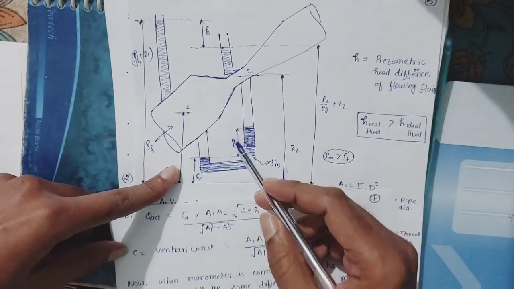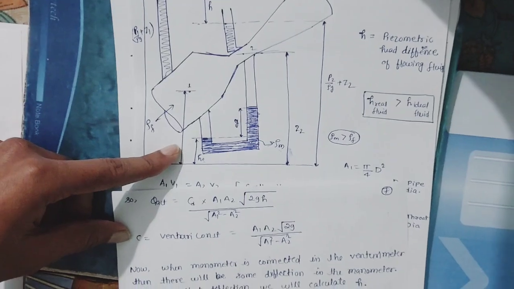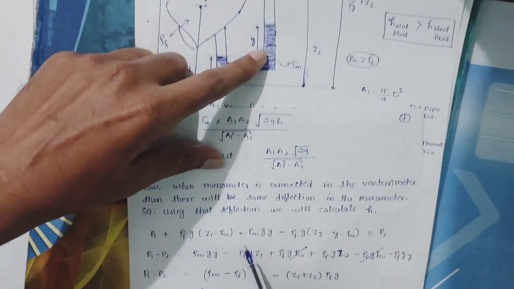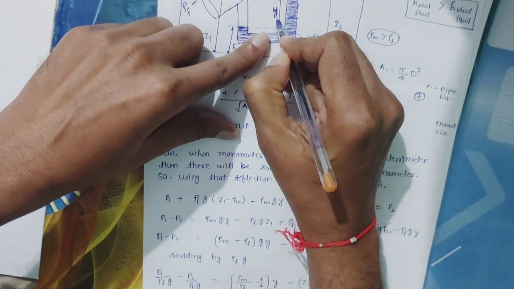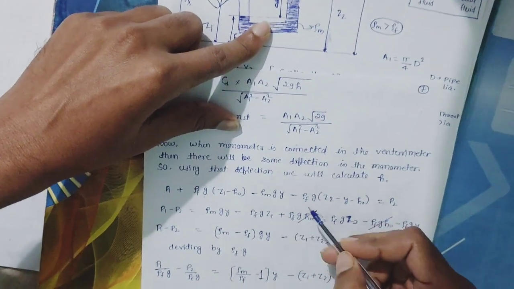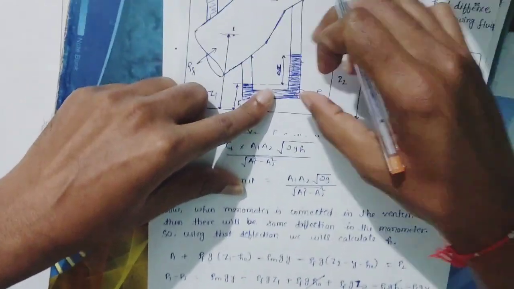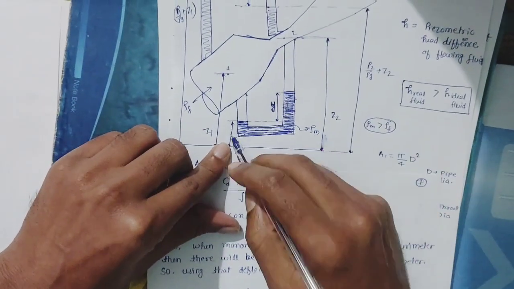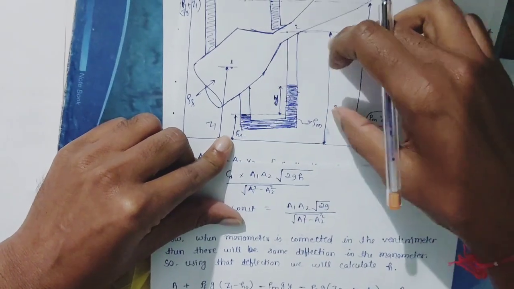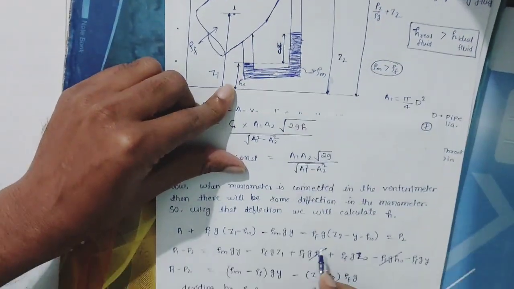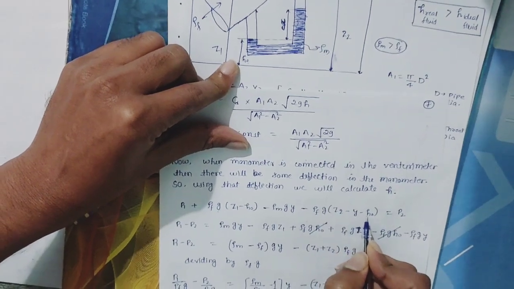So here this is rho f g into Z1 minus H0, minus, we are going upward here, rho m into g into Y, minus this distance. So this distance will be Z2 minus H0 plus Y. So here I am writing rho f into g into Z2 minus Y minus H0.